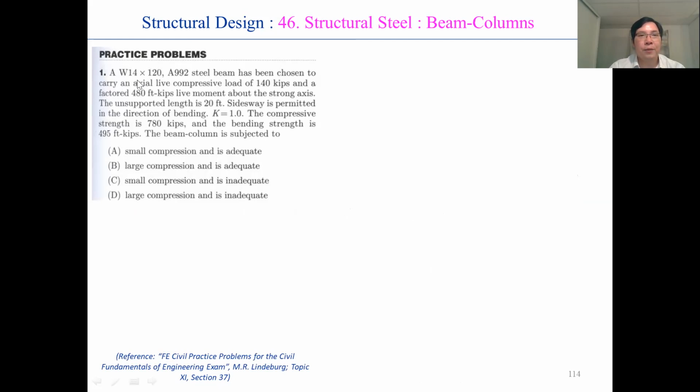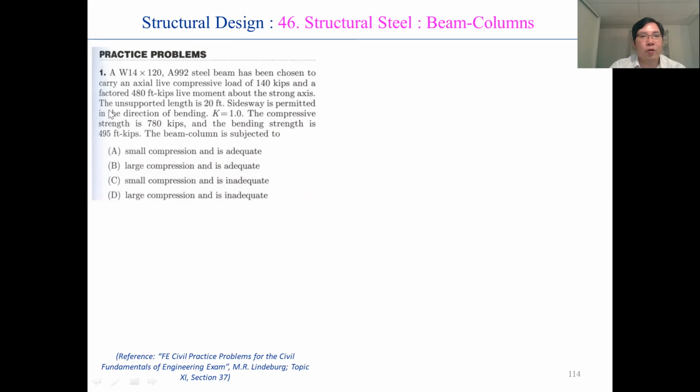A W14 times 120 with A992 steel. This beam has been chosen for carrying an axial live compressive load of 140 kips and a factored 480 foot-kips live moment about the strong axis.